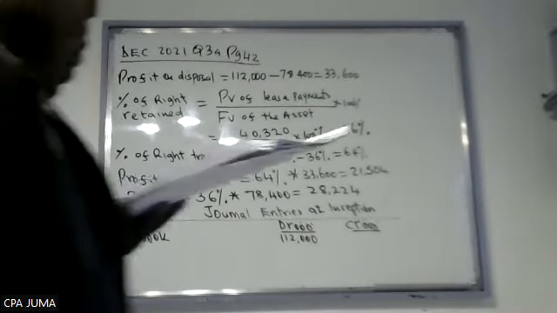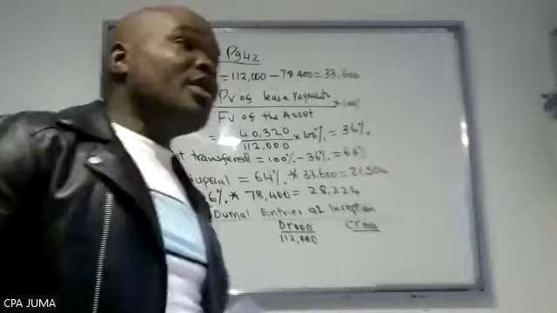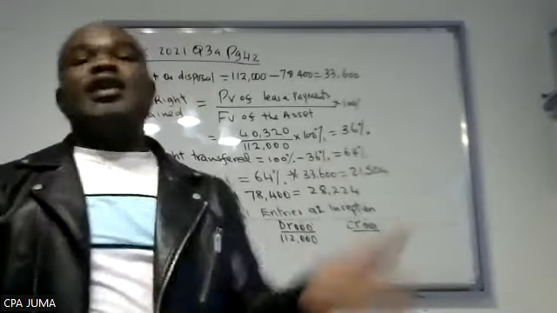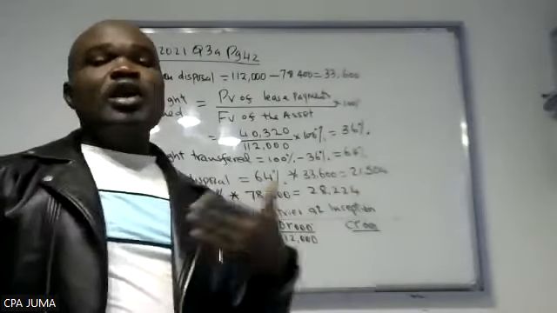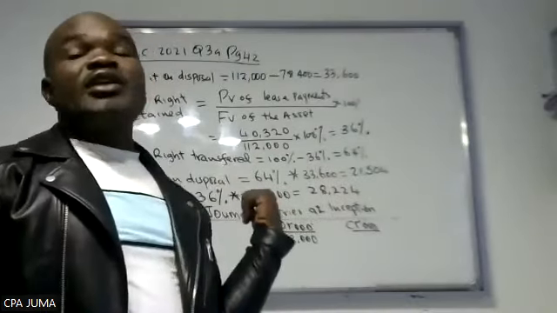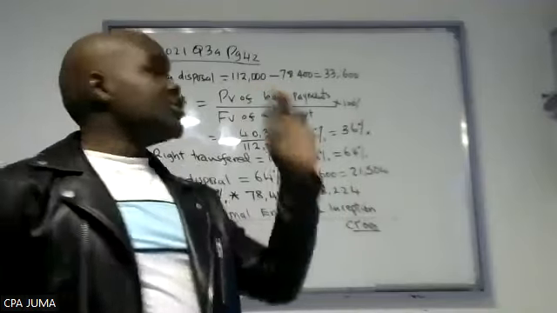Next, what again happened? They recognized the building. You know, when you are selling the asset, you need to credit the asset account because asset imetoka. Wacha itoke ndio irudi. Ikirudi, you recognize the right of use. But when it is leaving, you remove it from the financial statement.